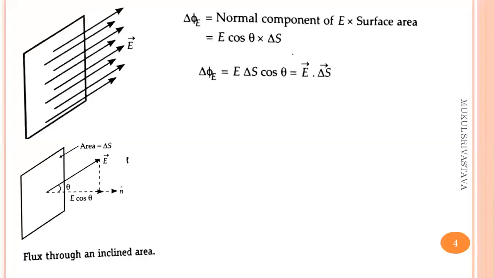The component of E is E cos theta, which is perpendicular to the surface and acting along the unit vector n cap. So delta phi is equal to the normal component of E into the surface area. The normal component of E along n cap is E cos theta, and the surface area is delta S. So delta phi equals E delta S cos theta, and that is E dot delta S.